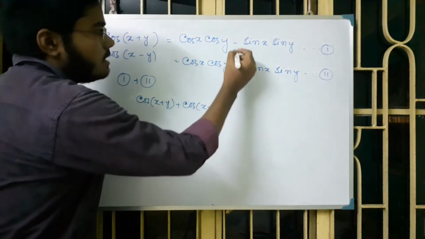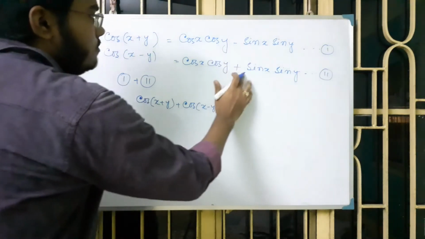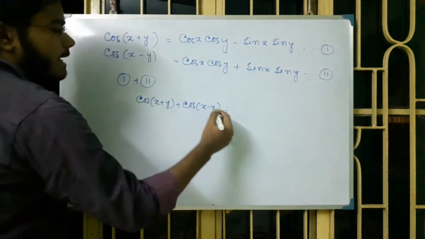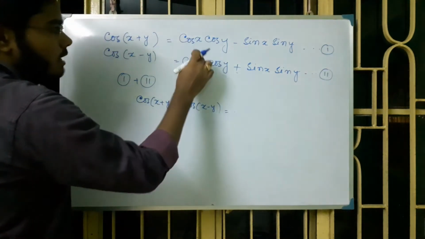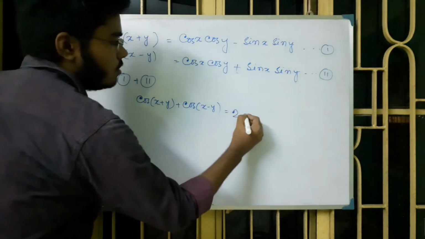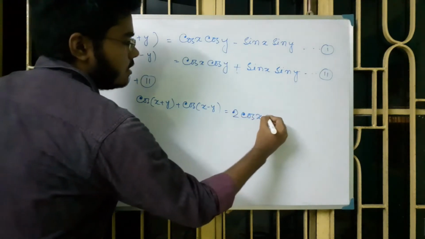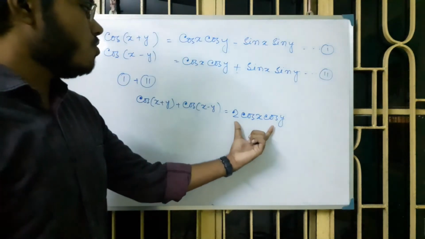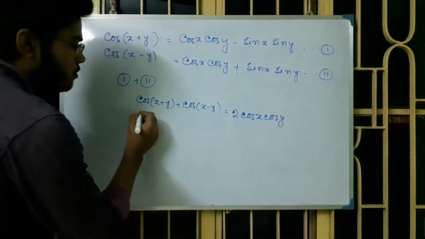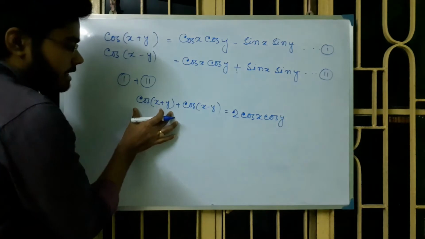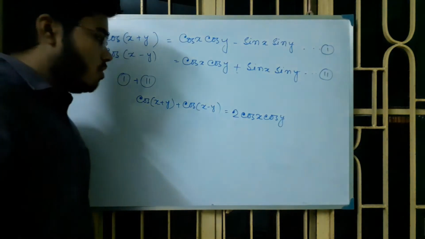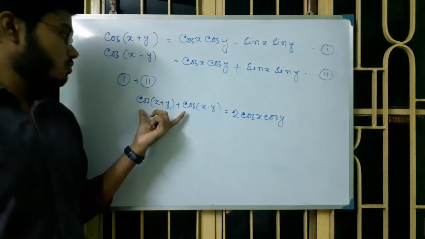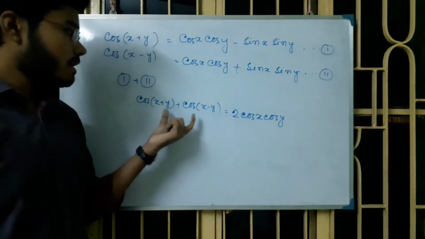Why? This is plus and this is minus. And these two will be added, so 1 and 1, 2 cos x cos y. Remember, 2 cos x cos y is equal to cos(x+y) plus cos(x−y).